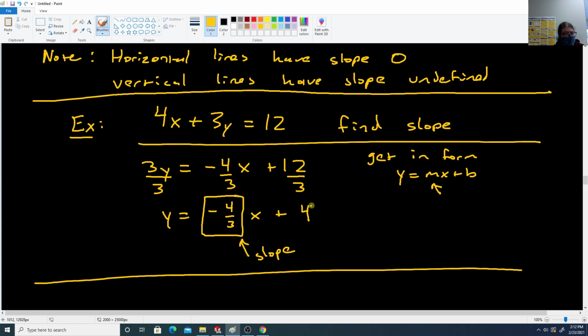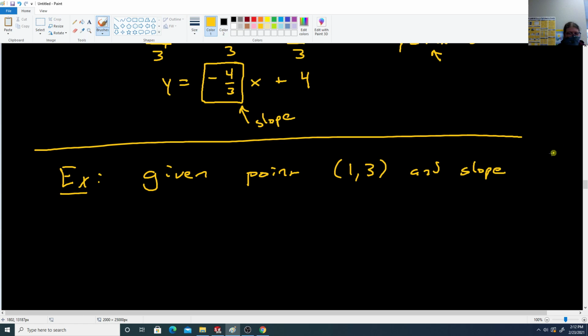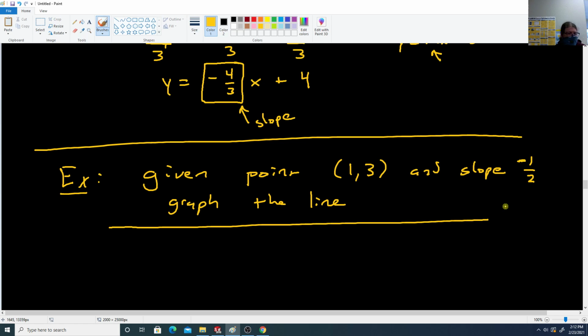So two last things that we're going to do here to wrap this section up. If we're given the point x value 1, y value 3, and slope negative 1 over 2, and we want to graph the line, we're just going to talk through how to do that real quick.